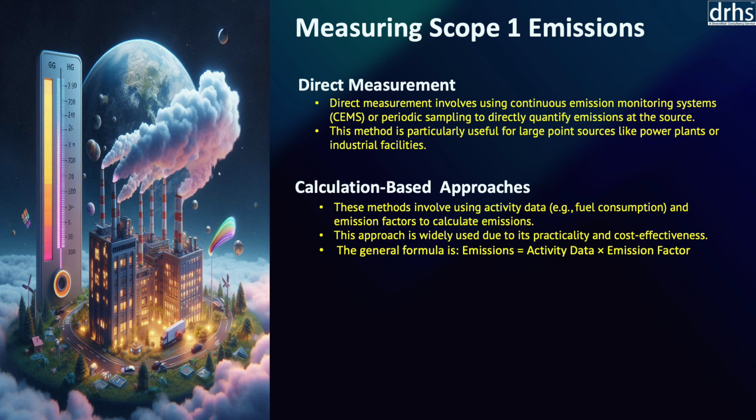For instance, emission from stationary combustion can be calculated by multiplying the amount of fuel consumed by its corresponding emission factor. While less precise than direct measurement, this approach is effective for routine reporting and can be improved by using more specific emission factors relevant to fuel type and combustion technology used.